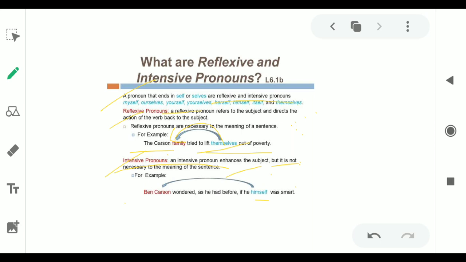So if the emphatic pronoun is removed and it doesn't change the meaning of the sentence, then it will definitely be an intensive pronoun. And if you remove the reflexive pronoun and the sentence does not give the same meaning, then it is a reflexive pronoun.